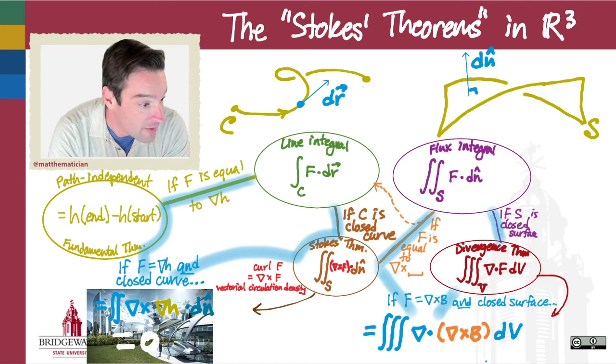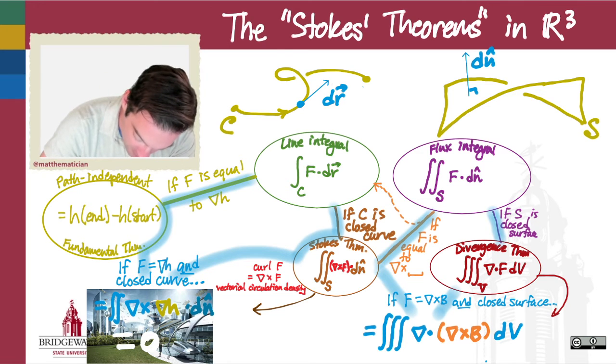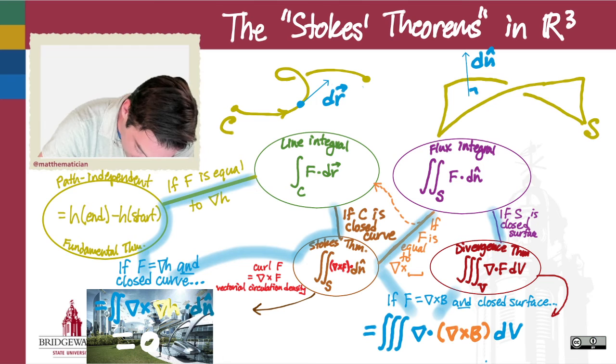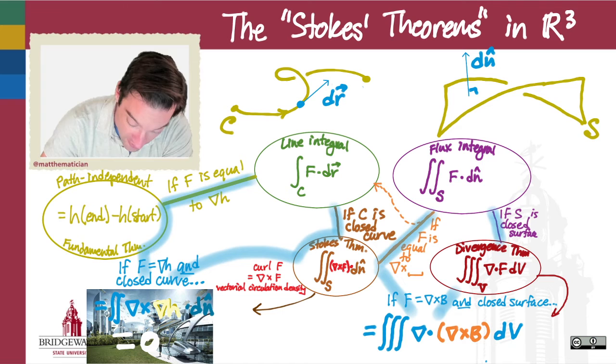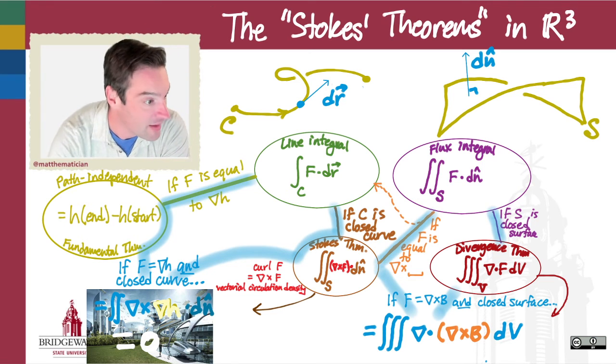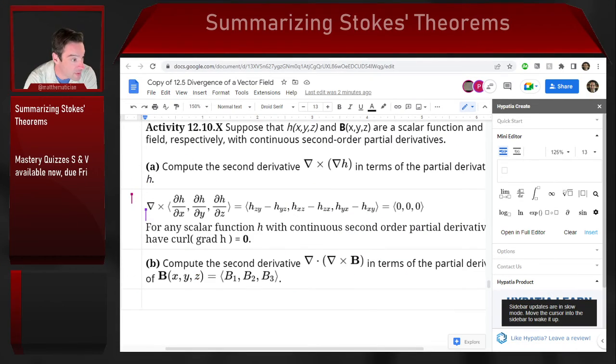So I get 0 if I integrate a gradient vector field around a closed curve, because Stokes' theorem tells us that that integral is just equal to the surface integral of the curl of the gradient. And the curl of the gradient of any scalar function with continuous second order partial derivatives is just equal to 0 on the nose. It's not just that the integral is 0, but the whole integrand is equal to 0. And if we were to go through and do the same combination of derivatives for the divergence of the curl of b, we would find out that the same thing ends up happening.